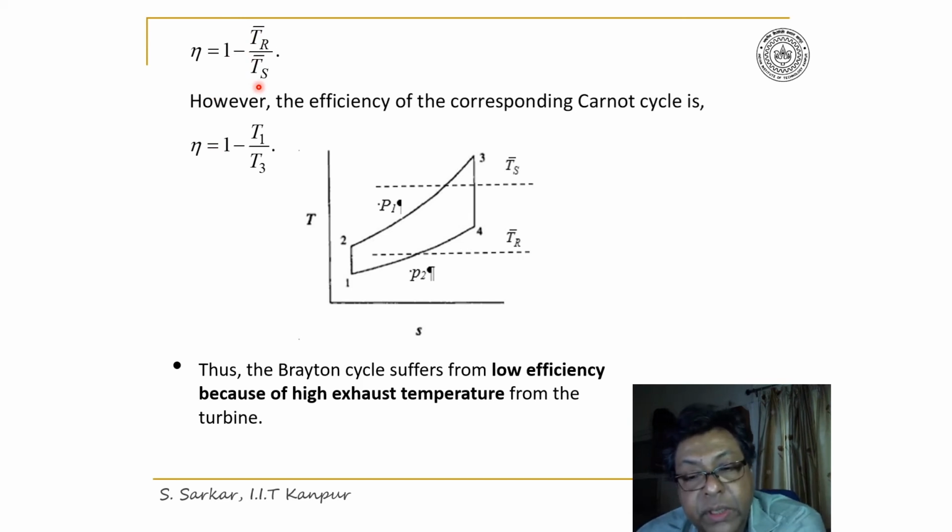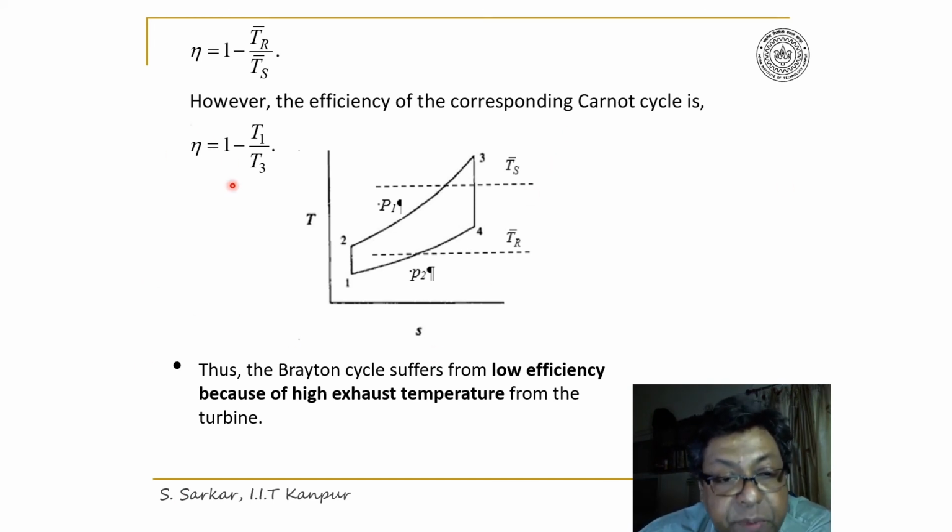Now, if we can establish a Carnot cycle between the maximum temperature of the cycle and the minimum temperature of the cycle, the corresponding Carnot efficiency would be eta equal to 1 minus T1 by T3. So T3 being the maximum temperature of the cycle and T1 the minimum temperature of the cycle.